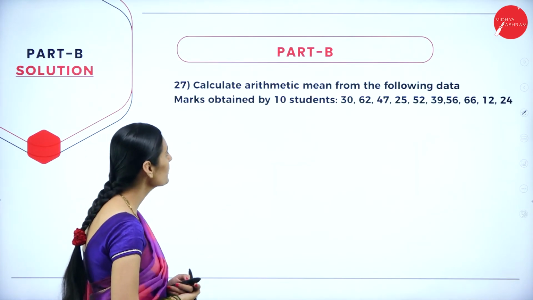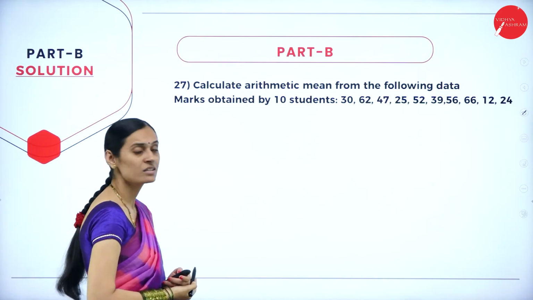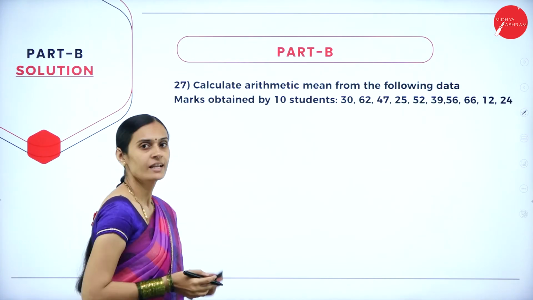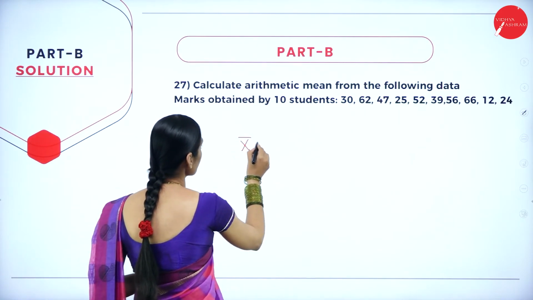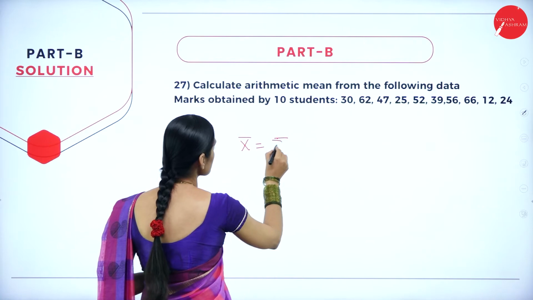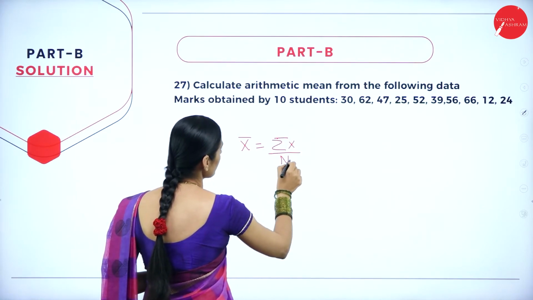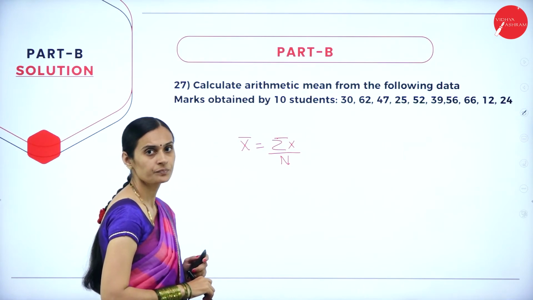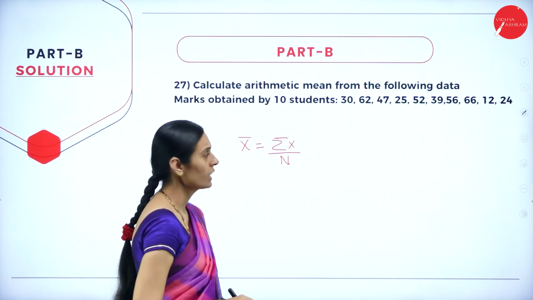Next, calculate the arithmetic mean from the following data, marks obtained by 10 students. How to calculate the arithmetic mean? X bar equals summation x divided by n. Here n means the number of observations.